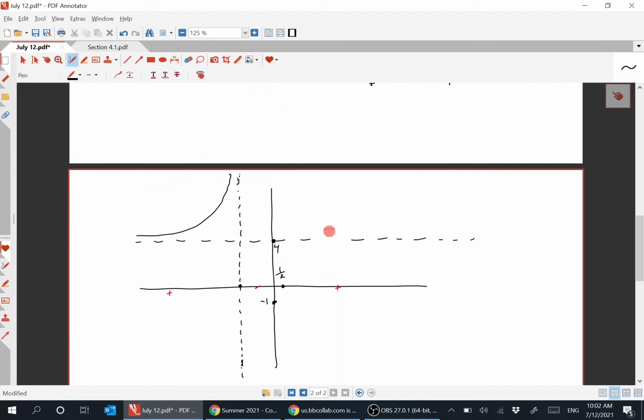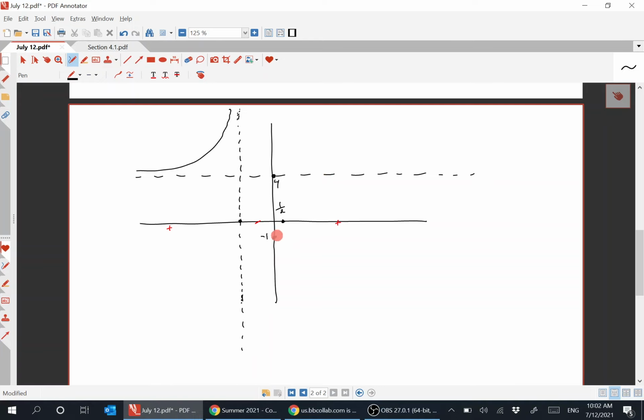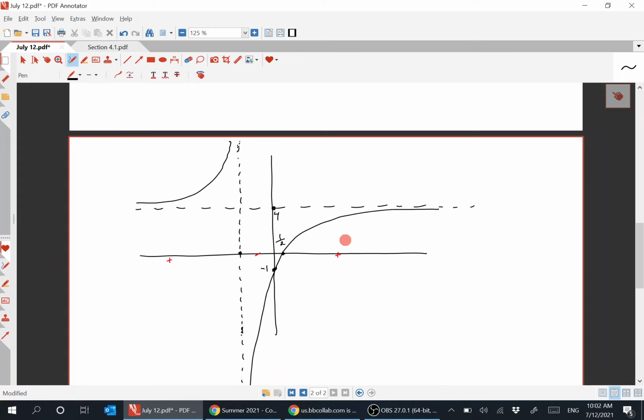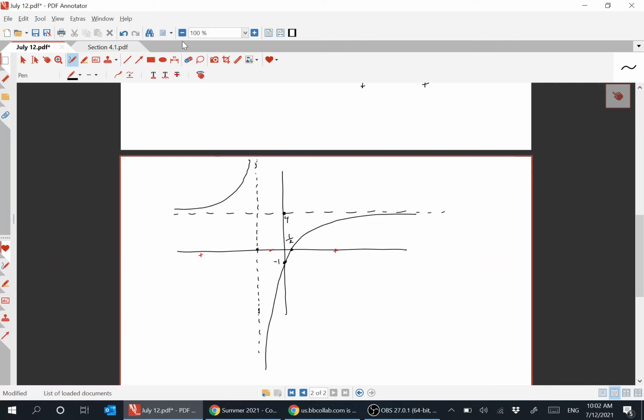Let me zoom in here. And then it has to hug the horizontal asymptote. So something of this sort. Right, positive here, negative here, positive here, x-intercept, y-intercept, and the various asymptotes shown, where the graph has to hug those asymptotes.